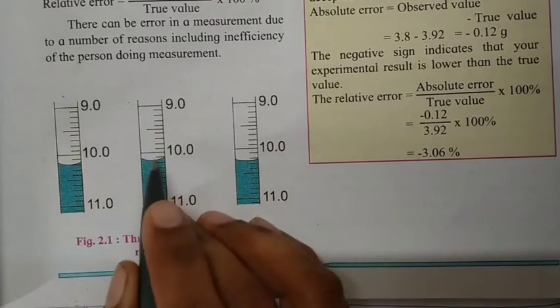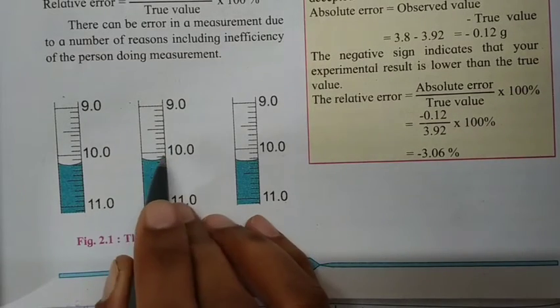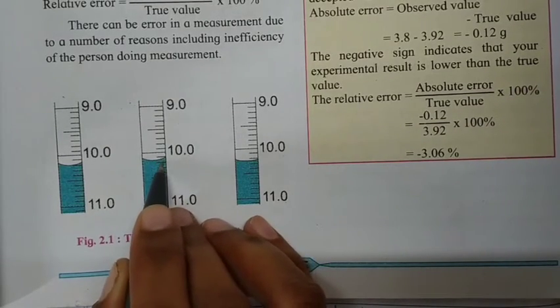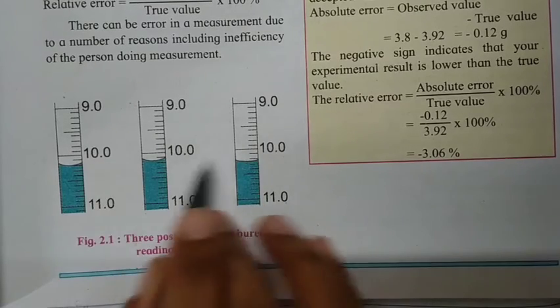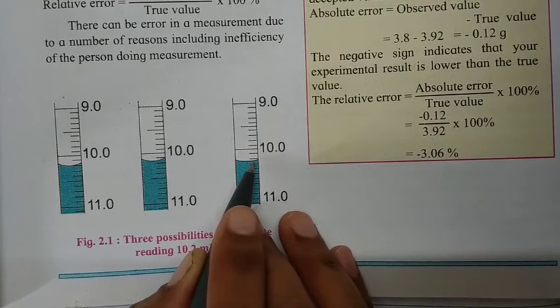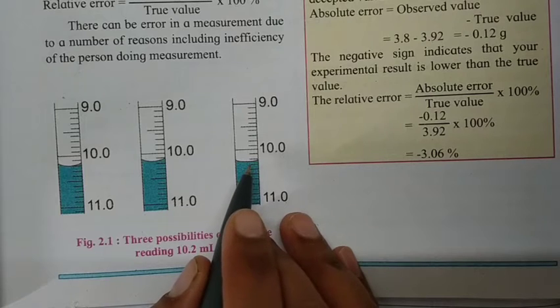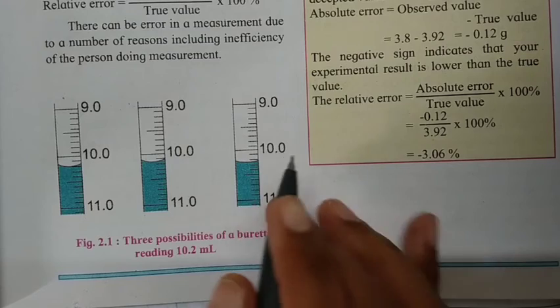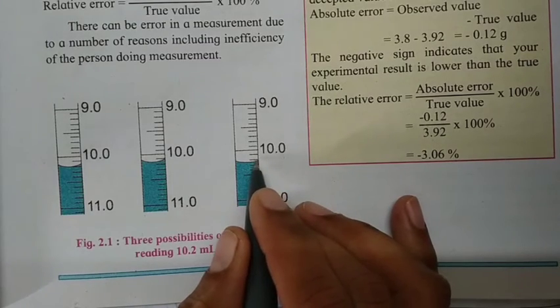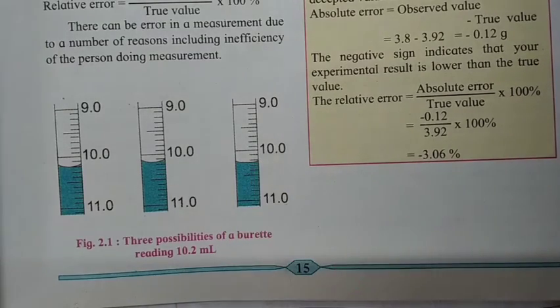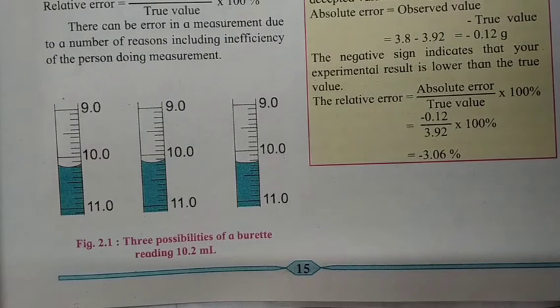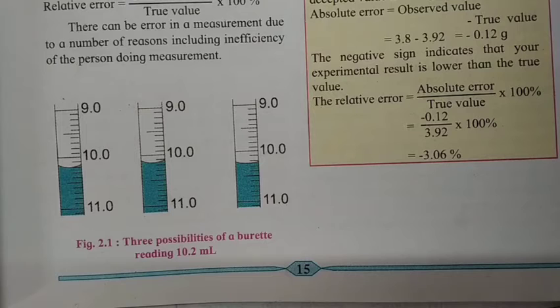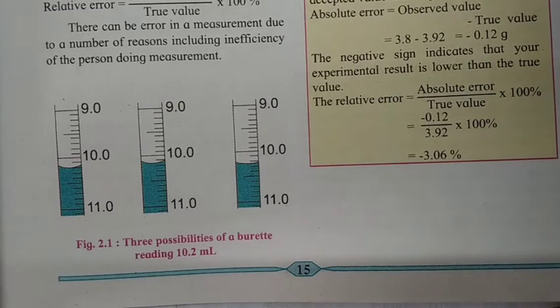Here it is the marking of 10 ml, 10.1, 10.2, the same in the case of all three burettes. For all these three situations, the reading would be noted as 10.2 ml. It means that there is an uncertainty, not being sure about the digit after the decimal point in the reading 10.2.